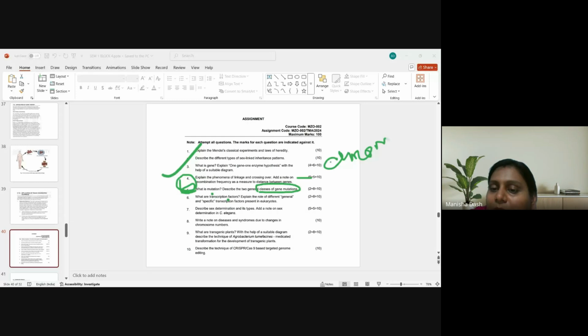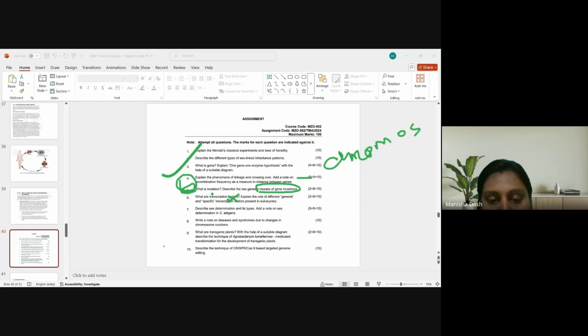If it is only about chromosomal aberration, you have to mention both structure and number. Structural, you have four different types, deletion, duplication, etc. And numerical, you can write about aneuploidy, polyploidy, the trisomy, monosomy cases, and explain that part. This question was already asked in the last exam, I guess, so it may not be that important.